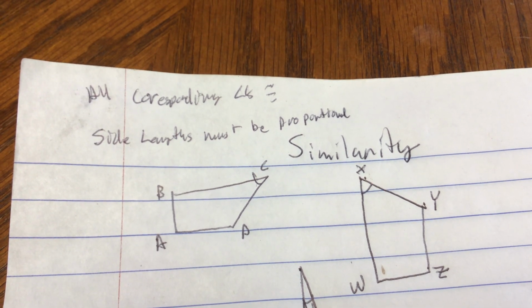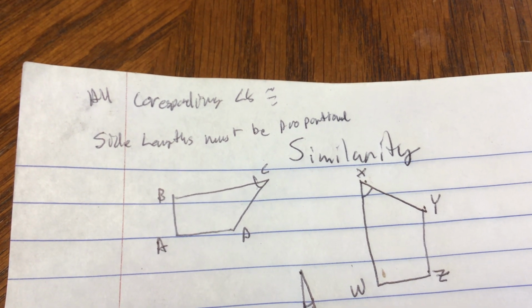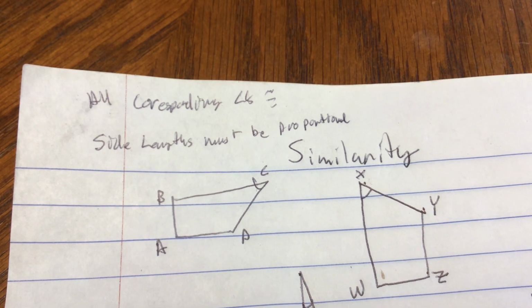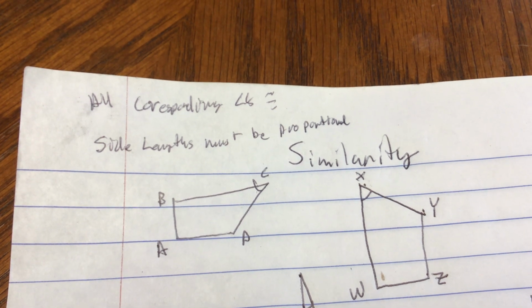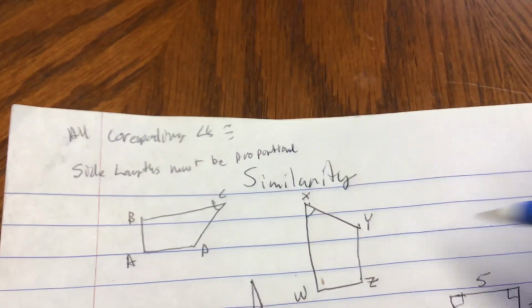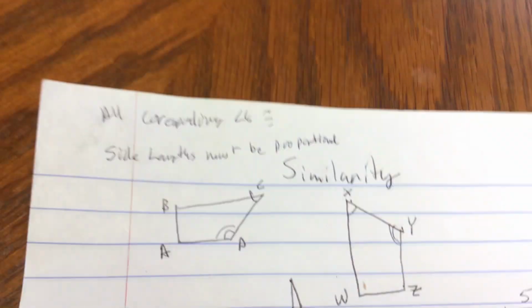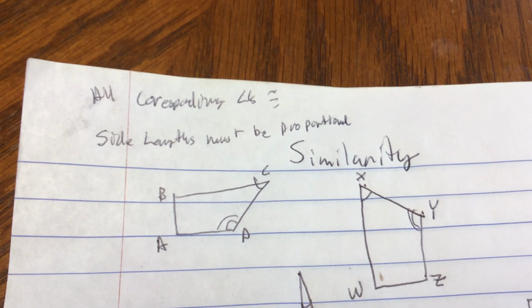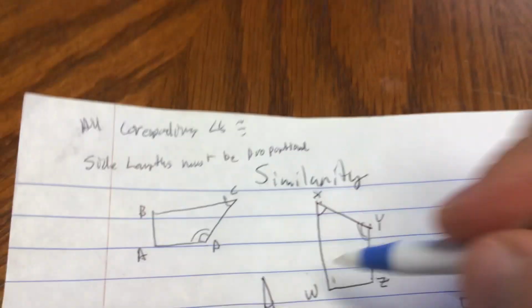On the figure on the left, C goes to D as the shortest side from C. On the figure on the right, knowing that C and X are corresponding angles, X will go to what as the shortest side? X to Y, right? So Y has to correspond to D, because those made our shortest sides. Then I just go kind of around in a circle, if you will. I'm going to go to Z. What corresponds to Z? Obviously A.